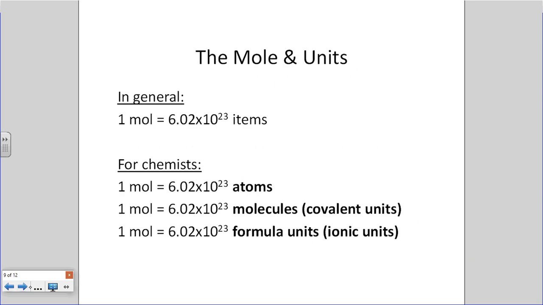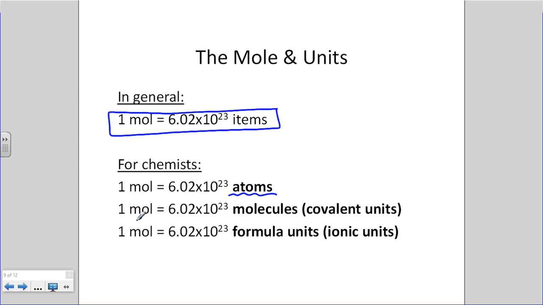So for us in general, if you just wanted it for quantity, 1 mole would be 6.02 times 10 to the 23 items. But since chemists use this, the items that we're interested in would be atoms. So 1 mole you could say is 6.02 times 10 to the 23 atoms.